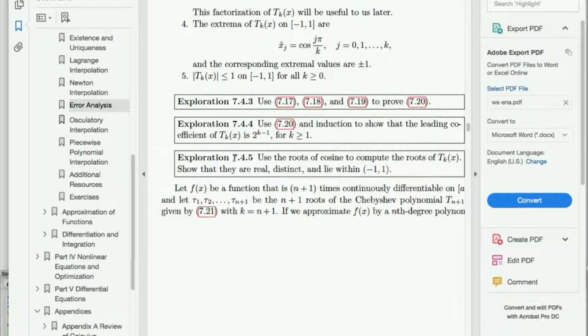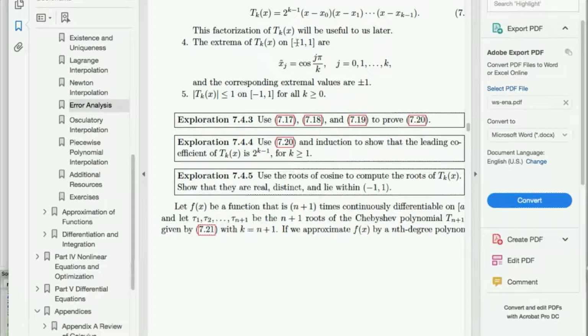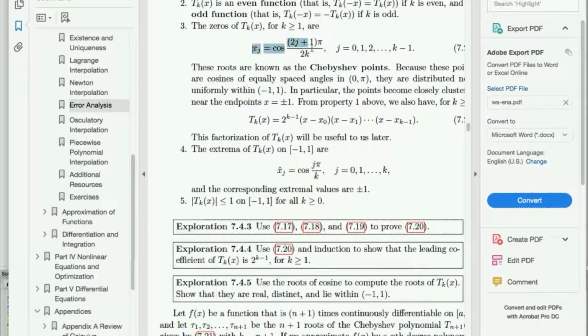I'll proactively give a tip about this one. As far as showing that they are real, distinct, and lie within a certain interval, that boils down to the behavior of cosine, really. All of the roots of a Chebyshev polynomial are given by this formula right here. So you're trying to show that these are real, distinct, and lie within -1 to 1.